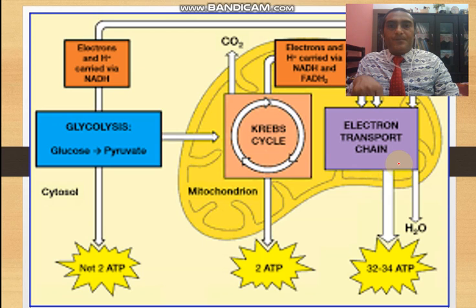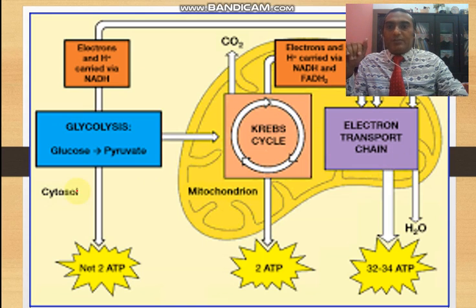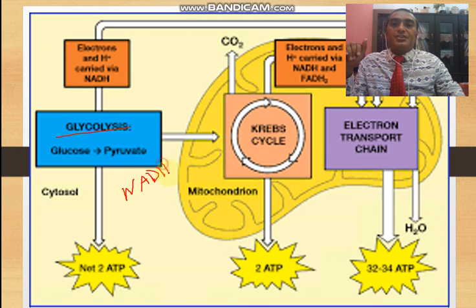ETC. We have already discussed glycolysis. Glycolysis releases NADH. How many? 2 NADH are produced from glycolysis. And these NADH are very important for the ETC process.